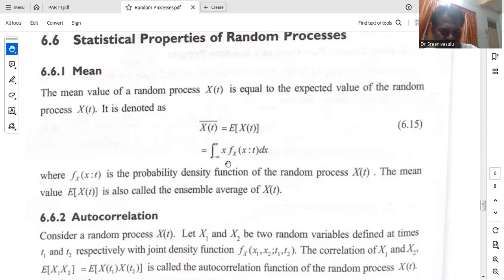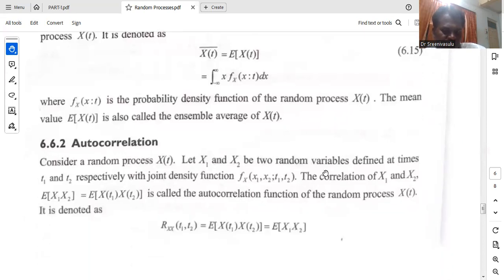This one is different from the previous density function. It is the probability density function for a random process. Previously it was only x, now extra it is t. Now we write dx.